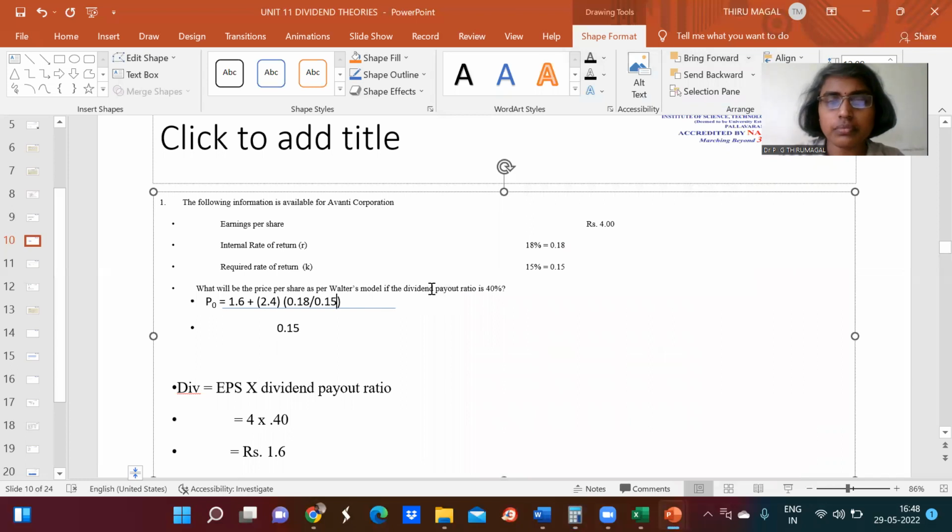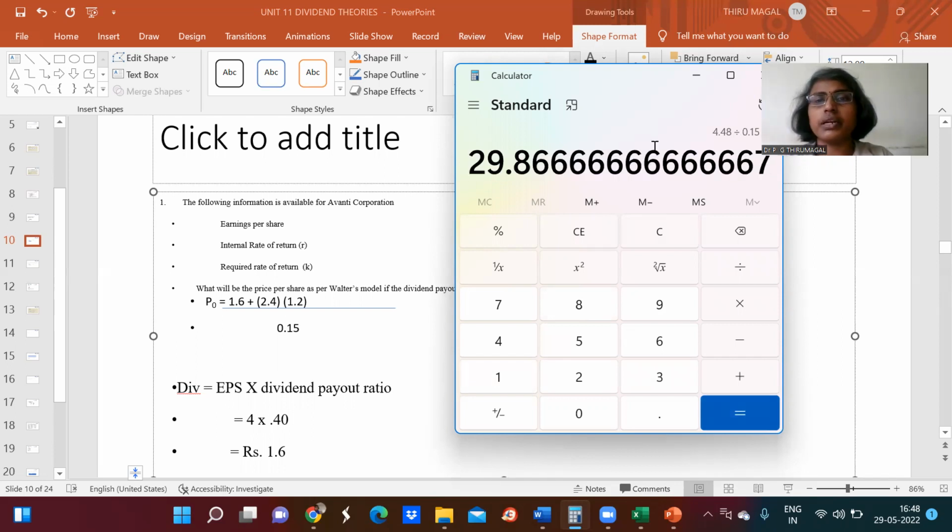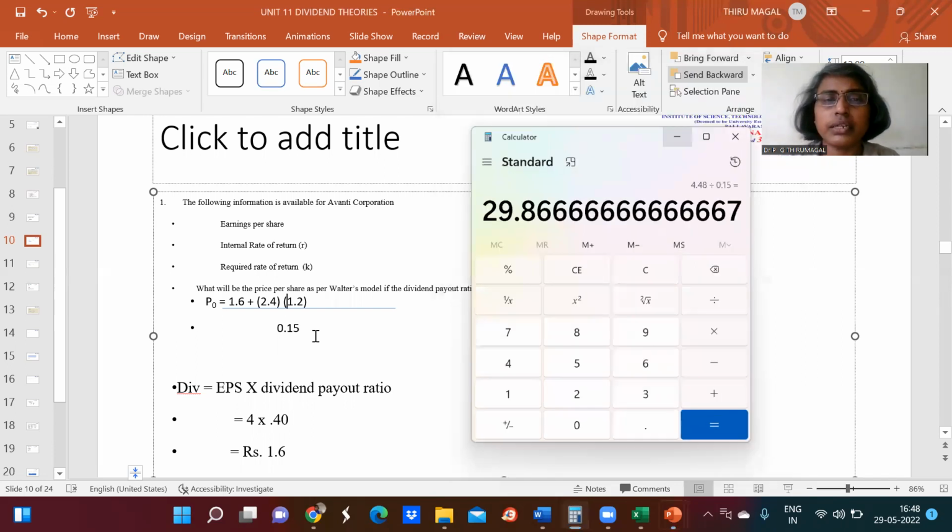Now we simplify. First, we multiply these two: 2.4 multiplied with 1.2 is 2.88. With that, we need to add 1.6, so we get 4.48. 4.48 divided by 0.15 is 29.867, which means 29.87.